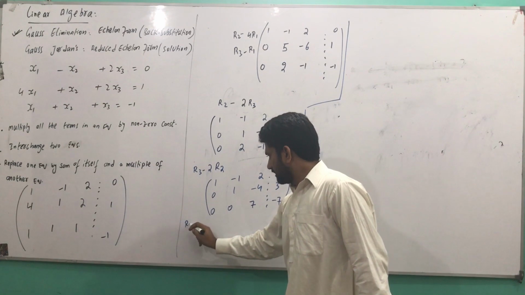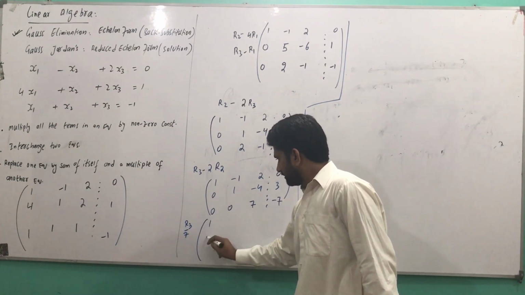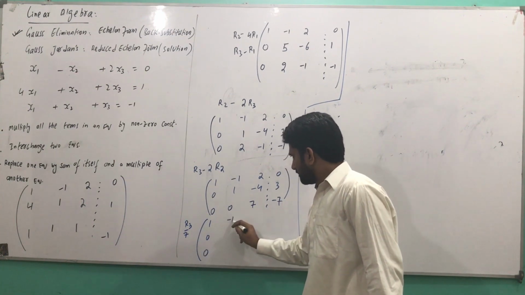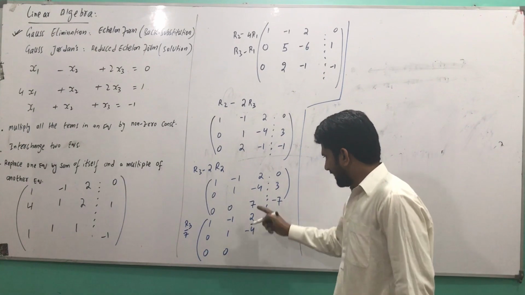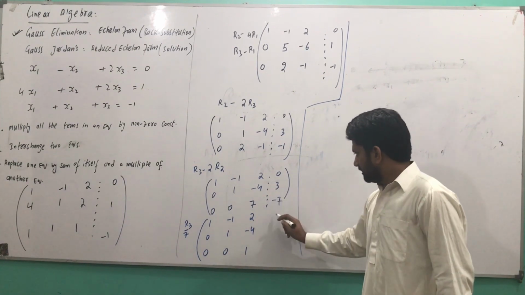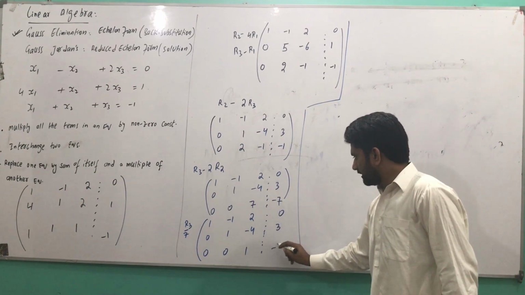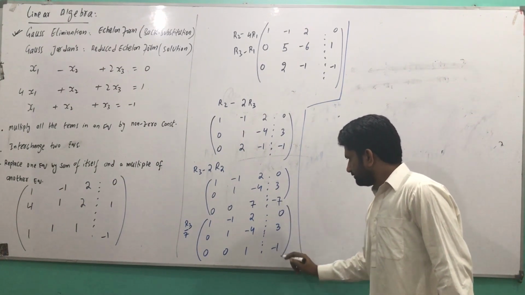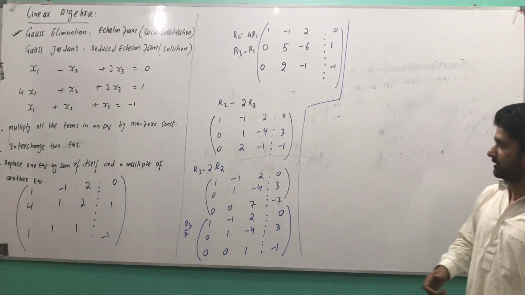Do here R3 divide by 7. So we have 1, 0, 0, minus 1, 1, 0, 2, minus 4, 7 by 7 is 1. So here we have 0, 3 and minus 1. So we have successfully converted the matrix into echelon form.